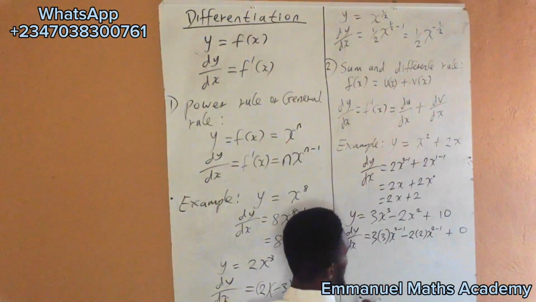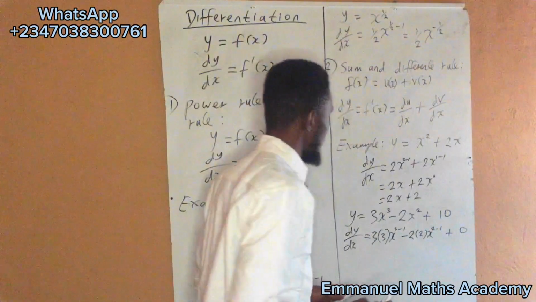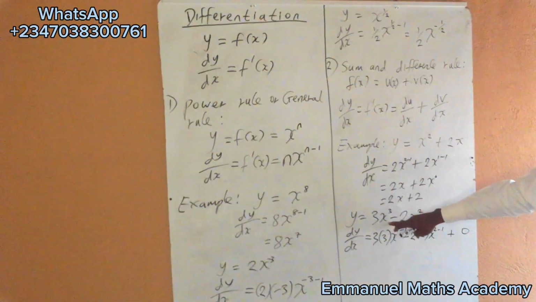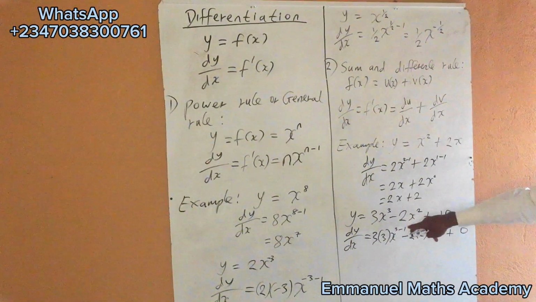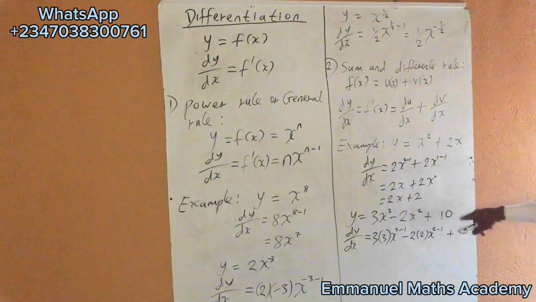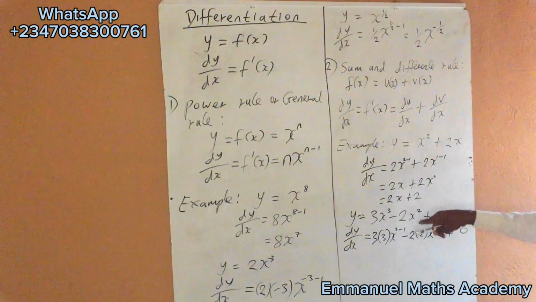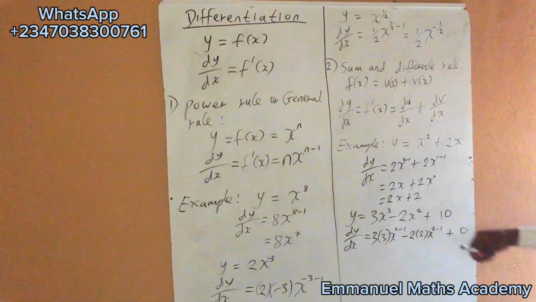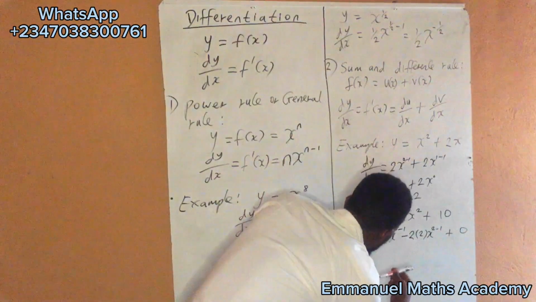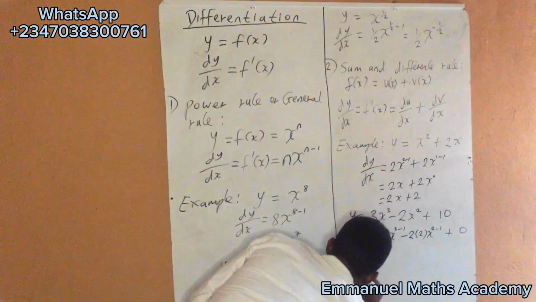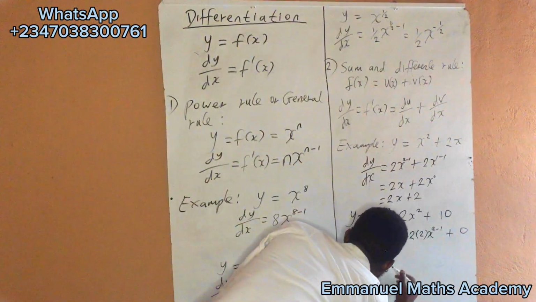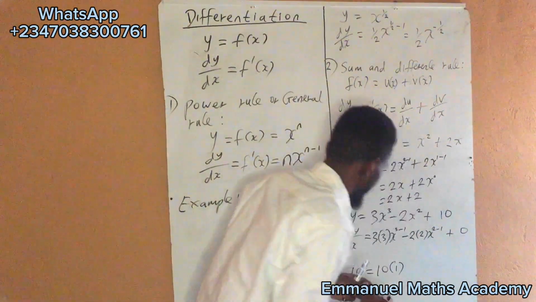It's called a constant. Whenever you differentiate a constant, you have 0, because you can see that all these are having the variables. You are having x here, but here we can't see any x. But again, look at the explanation here. This particular thing can be expressed in terms of this. Now, aside, let's just look at this. If you have 10, you know 10 is the same thing as 10 times 1, right?